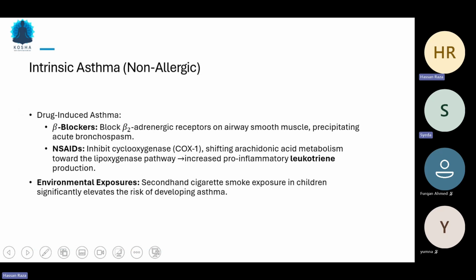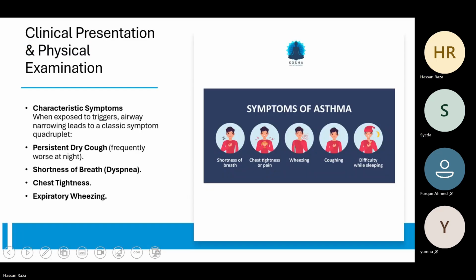There are also some drugs which can produce asthmatic symptoms, like beta blockers and NSAIDs, and even secondhand or passive cigarette smoking can cause asthmatic symptoms, especially in children.